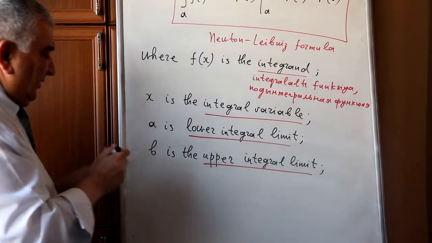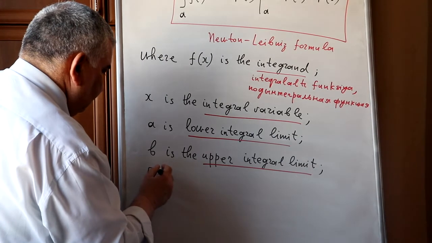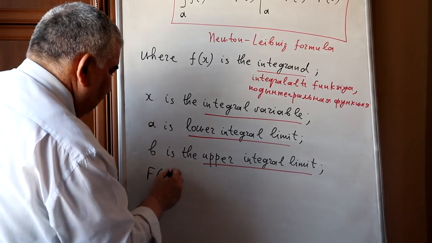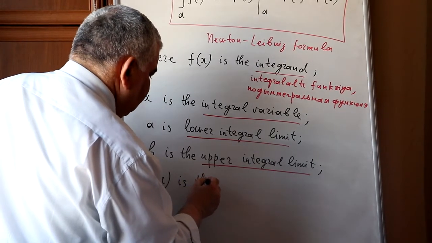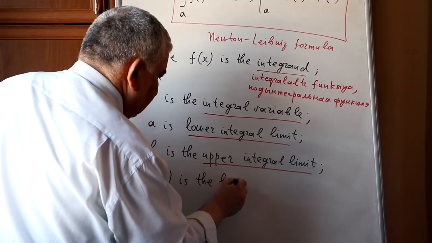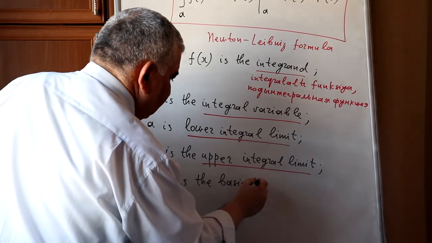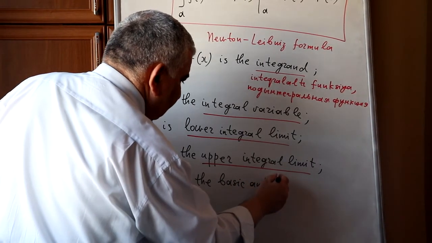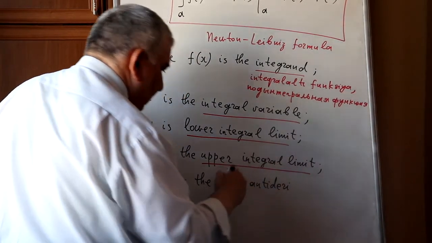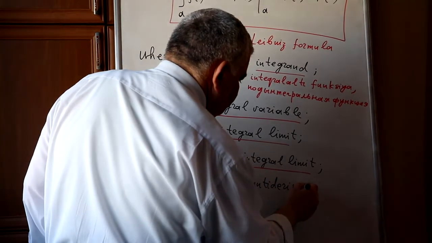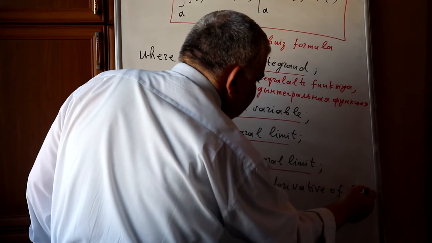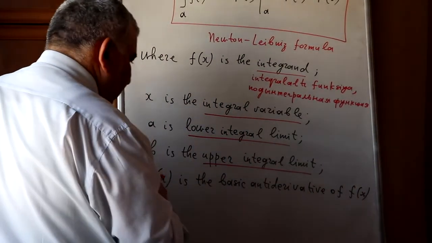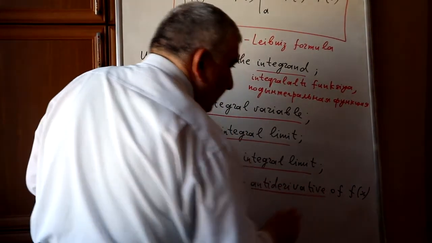F capital of x is the basic antiderivative of f little of x. Antiderivative, in Azeri it is ilkin funksiya.